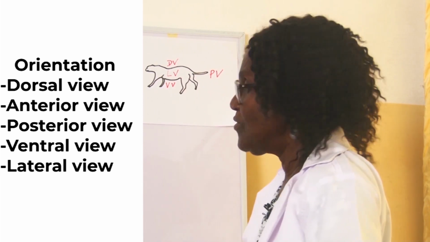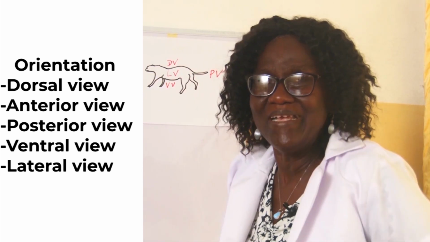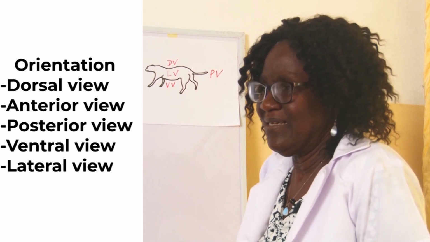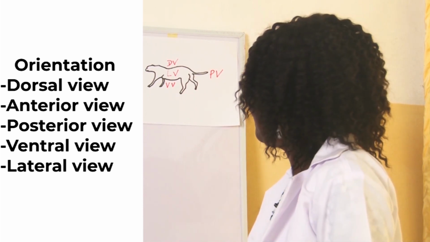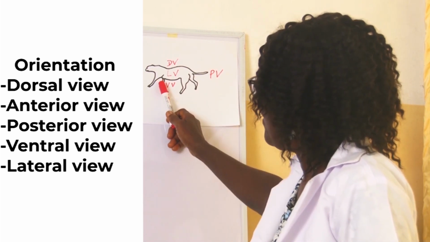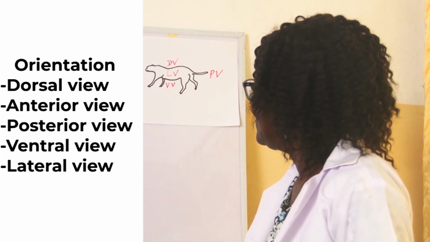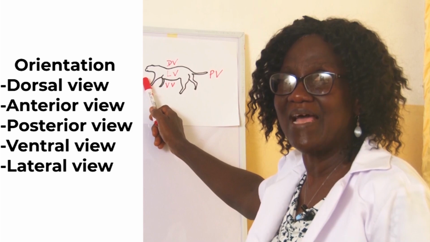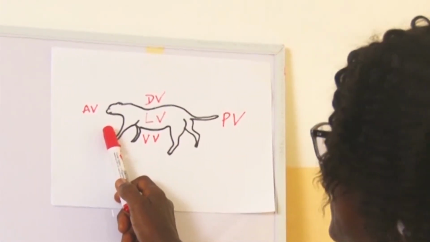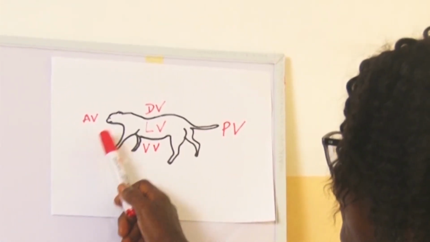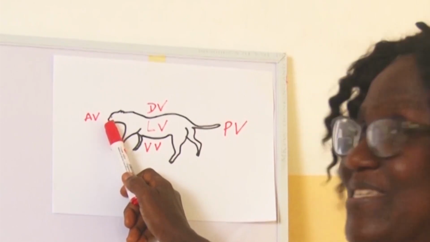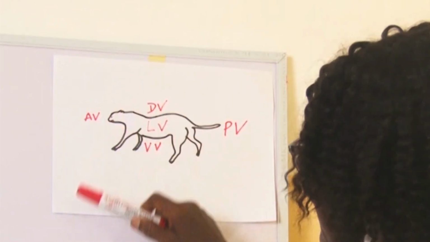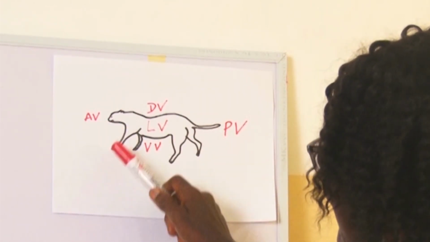One may ask, why do we have to worry ourselves thinking about orientation? Very, very important. If you are describing an organism like this, you need to state the orientation. That's the anterior end.